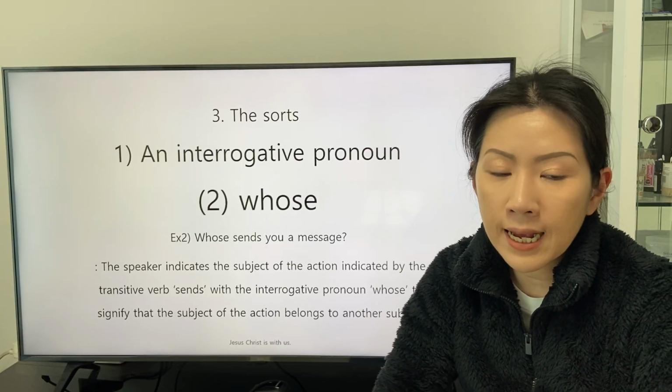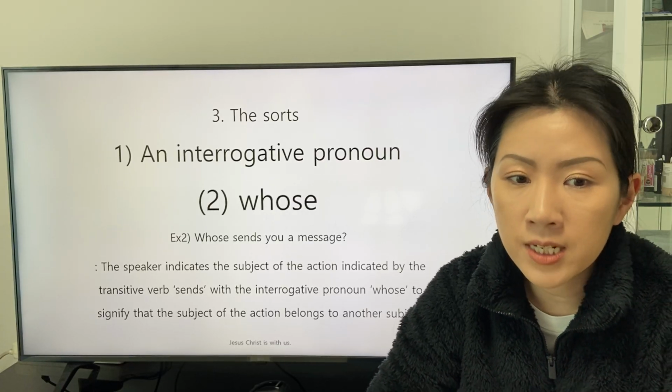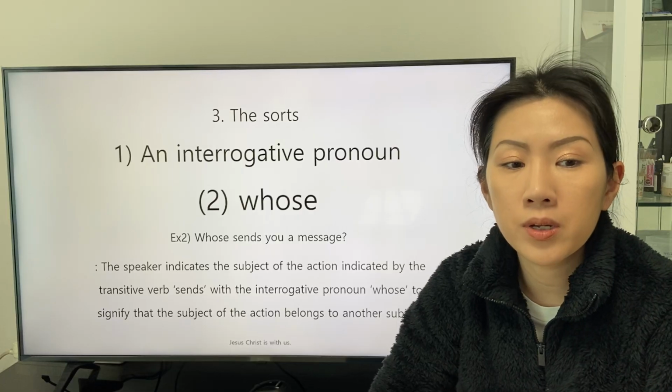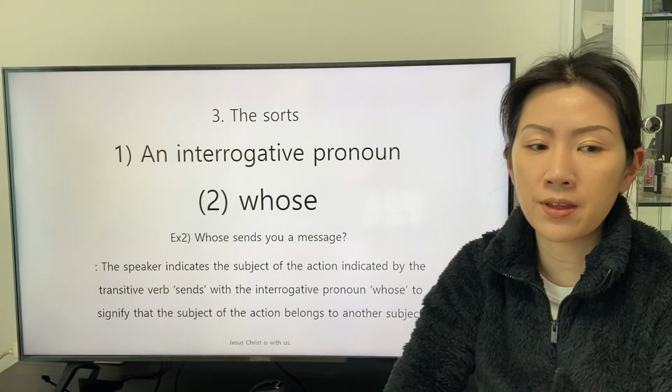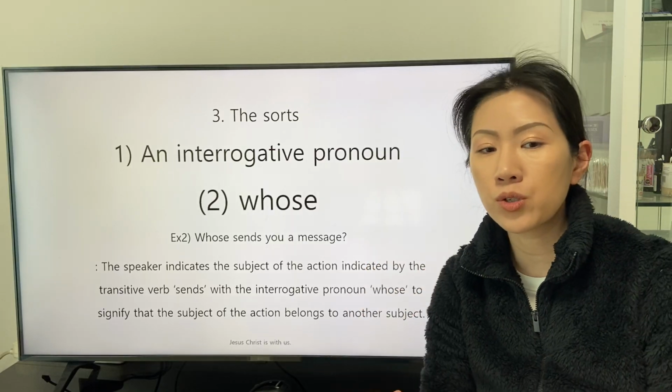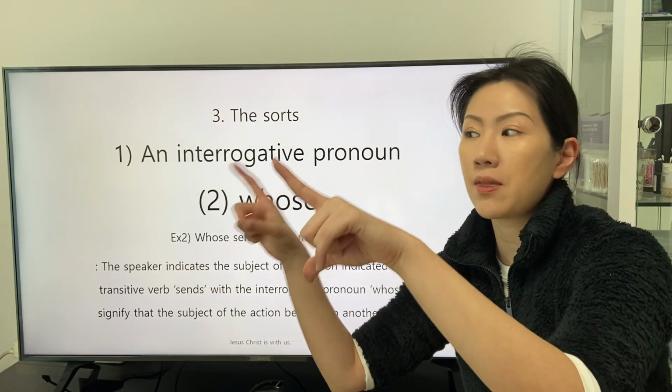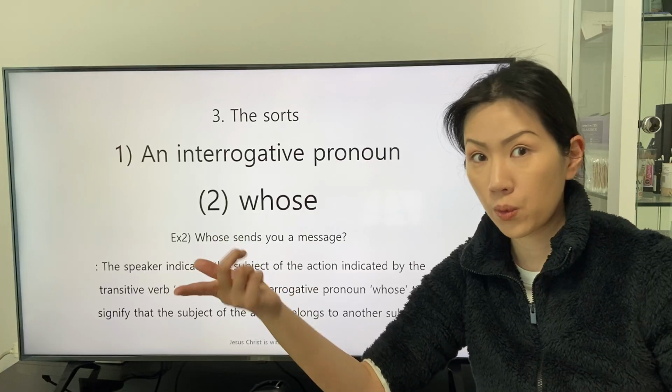The speaker indicates the subject of the action indicated by the transitive verb send with the interrogative pronoun whose to signify that the subject of the action belongs to another subject that the speaker intends to know.